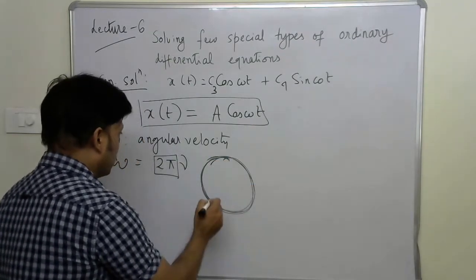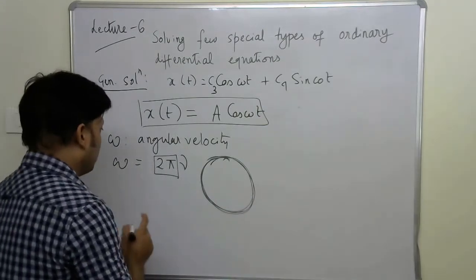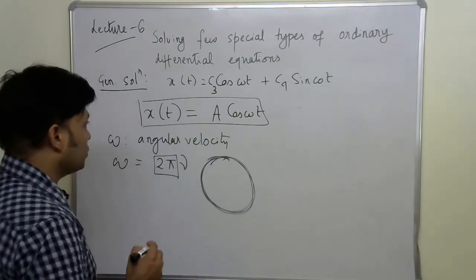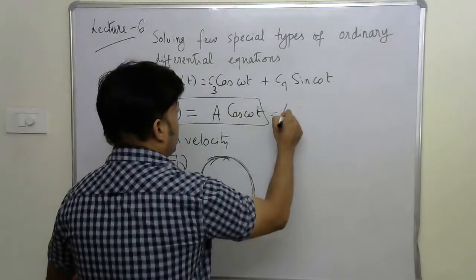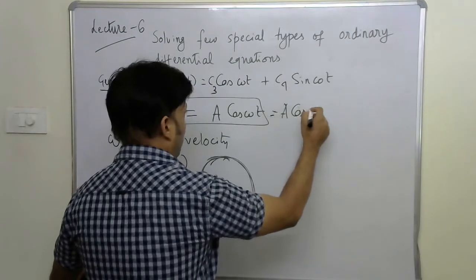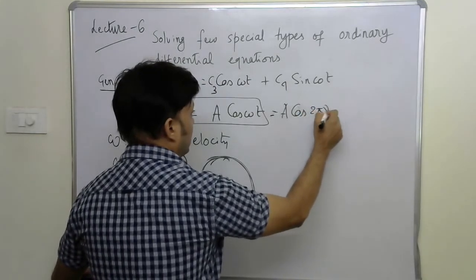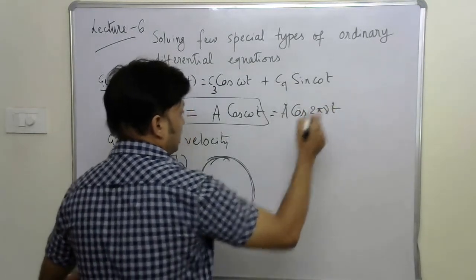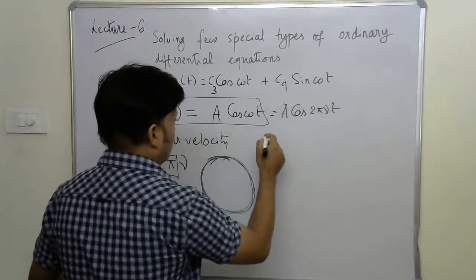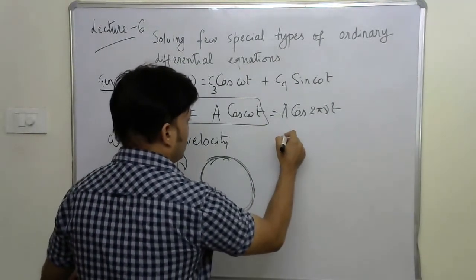So frequency means the number of times something completes a full rotation, that is, the number of complete revolutions per second. Therefore the same thing can also be written as A cos, instead of omega we can write 2 pi nu, and then t. Alright.